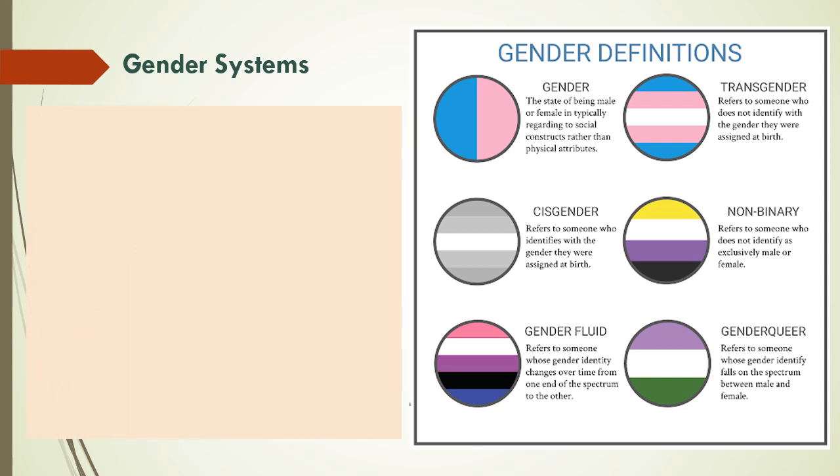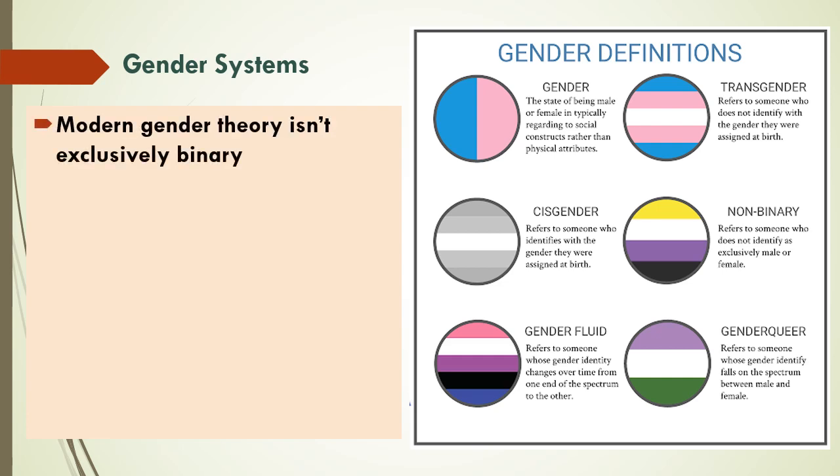In the last 50 years, scholars, particularly in the Western countries, Europe and the United States, have explored the idea of gender being a cultural construct. And if it's a cultural construct, then it's not necessarily going to be exclusively binary. We can't just assume that the only options out there are male or female.